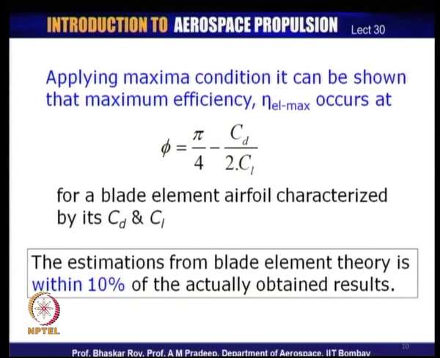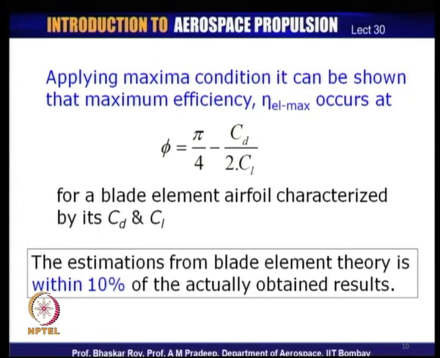Now, of course, you know the elemental aerofoil is characterized by the CL and the CD, and hence it stands to reason that they together decide what the maximum efficiency is likely to be.